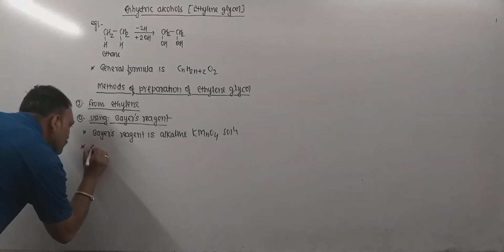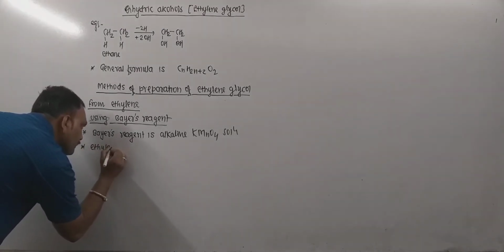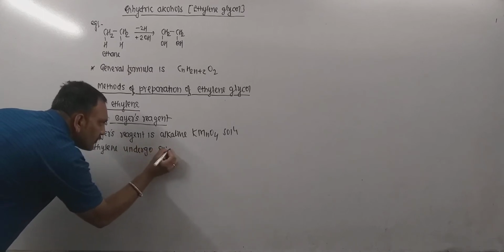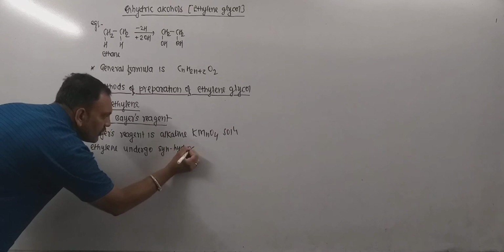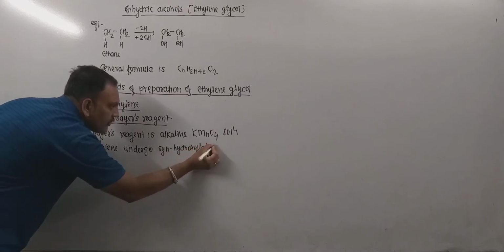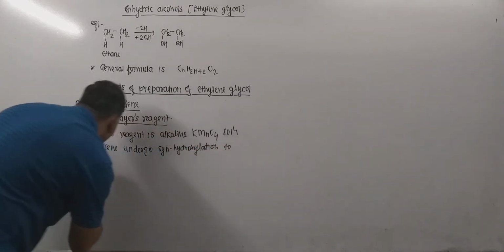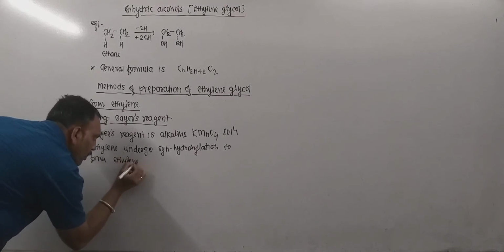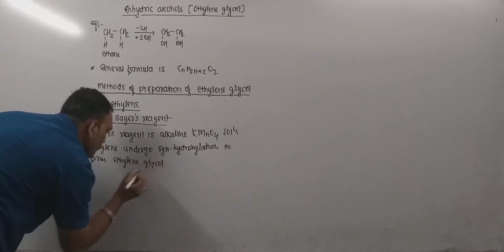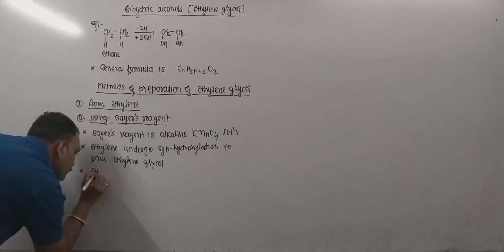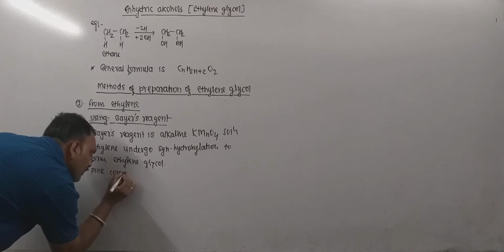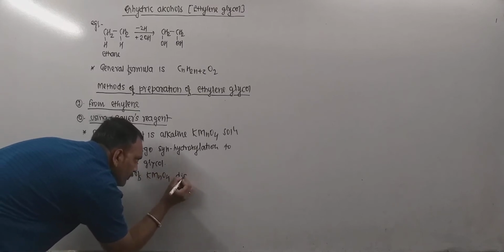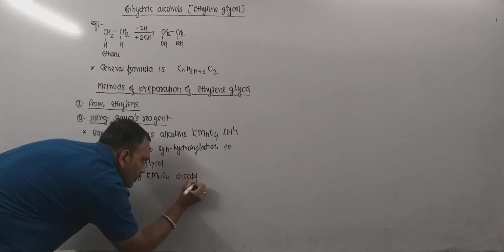So what happens? Ethylene undergoes syn hydroxylation to form ethylene glycol, and the pink color of potassium permanganate, that is KMnO4, disappears.